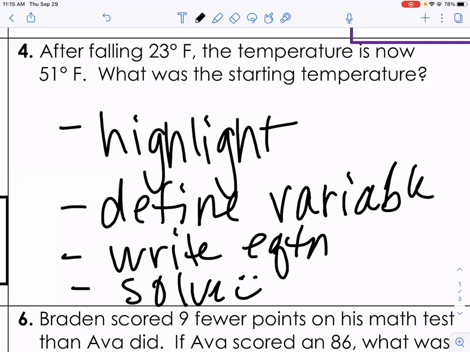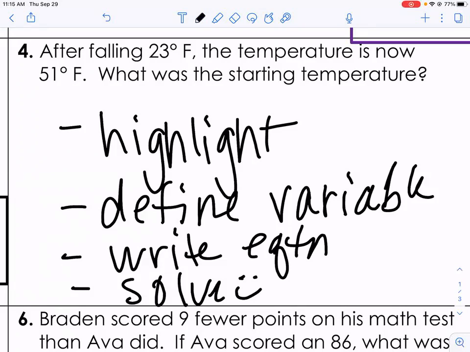Okay. So the temperature at the start and it falls 23 degrees. Yeah. Oh, yeah, okay. So original temperature, it falls 23. No, we have to.